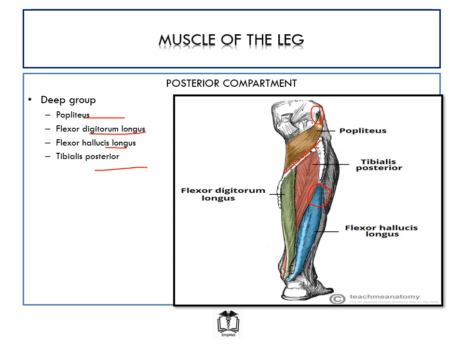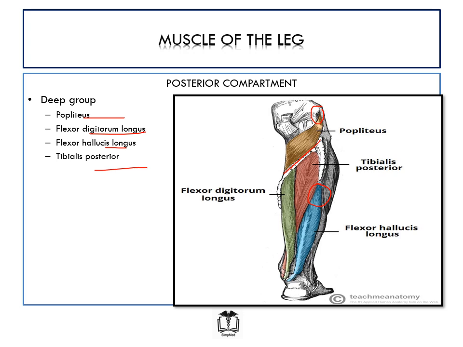So if you pay attention, you will notice some similarities of the muscles of the compartments of the leg. This includes the fact that the different compartments of the leg are innervated by different nerves, and the different compartments of the leg are involved in different forms of movement of the foot. So the posterior compartment is innervated by the tibial nerve.